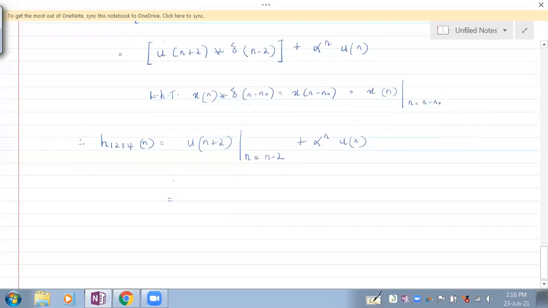Understand? So therefore, we can say it is u of n minus 2 plus 2 plus alpha power n u of n.